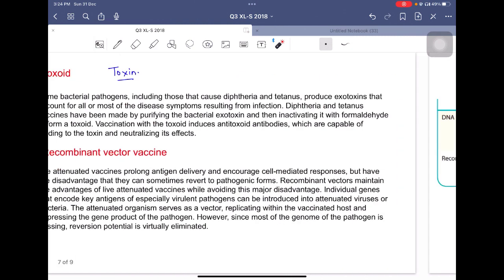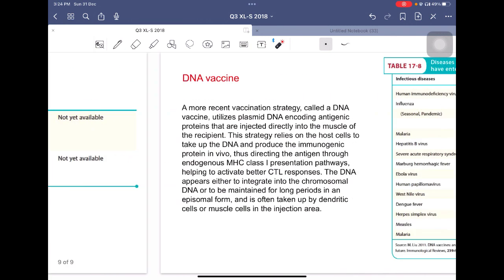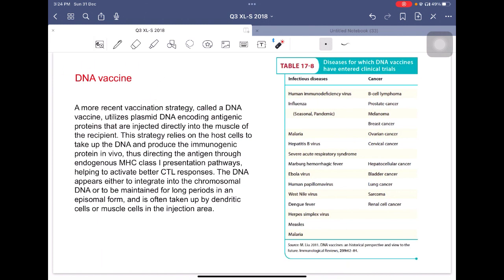In a recombinant vector vaccine, we are using an attenuated virus or bacteria as a vector. But in case of a DNA vaccine, we are not using any vector. We are using a plasmid DNA which has the antigenic protein cloned into it, and it is directly injected intramuscularly into the muscle of the recipient.